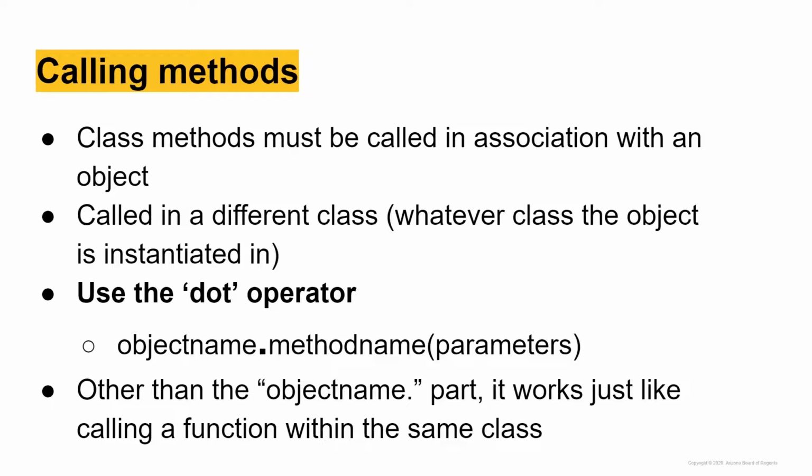You have the method name, parentheses, and then the parameters within those. The object name is only used because we're calling a method in the class of whatever the object is.